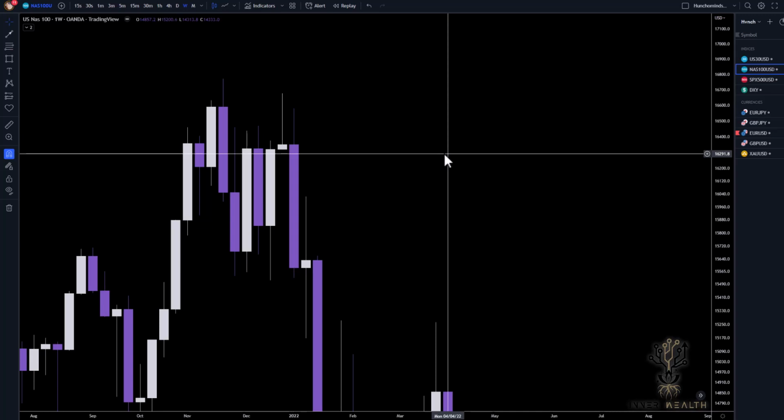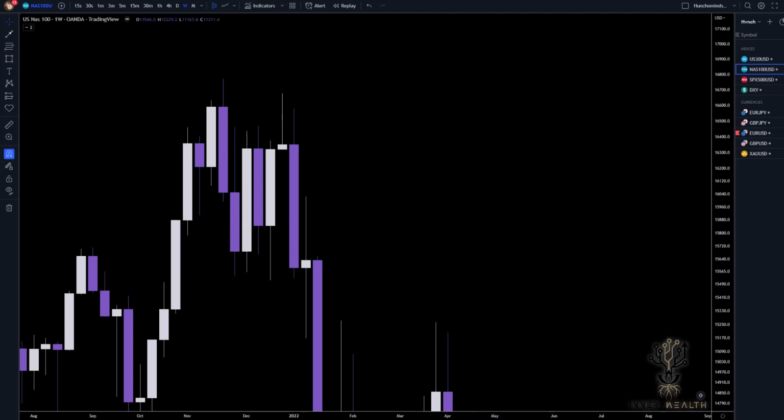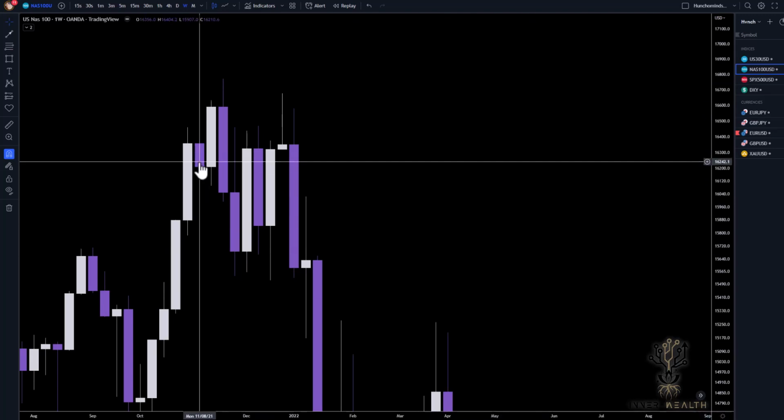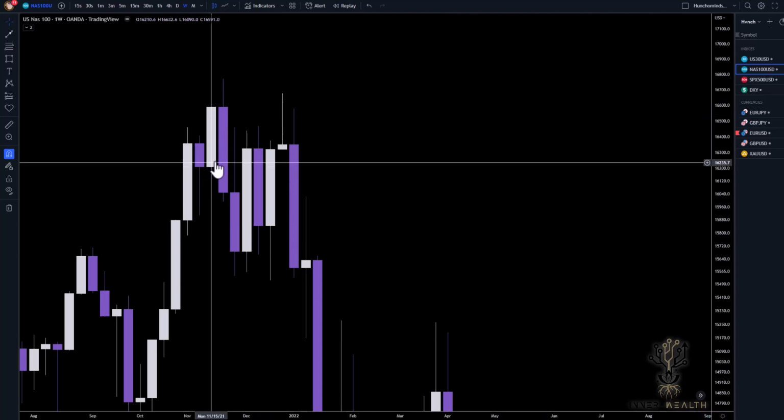So we're going to be looking at bearish order blocks. A bearish order block is an up-closed candle. I want you guys to understand that. So bearish order blocks are going to be these bullish candles.